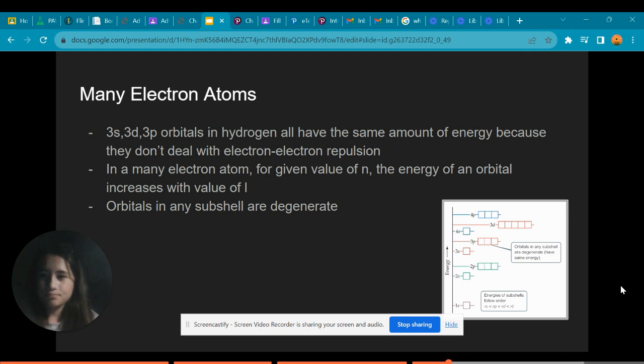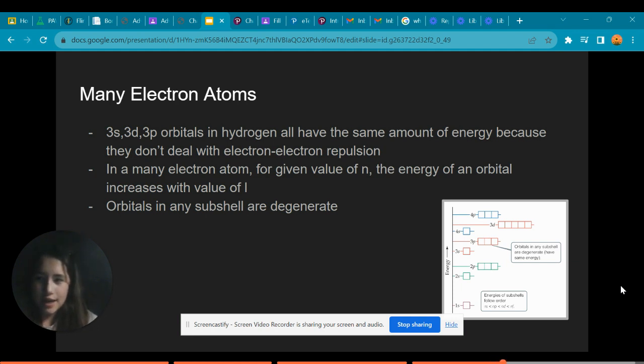In pretty much all other atoms or elements, the 3s, 3d, and 3p will have different amounts of energy because they do deal with electron-electron repulsion, which is just the multiple electrons in these shells existing near each other.